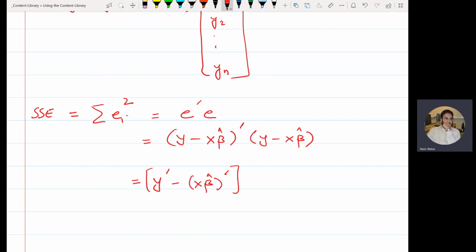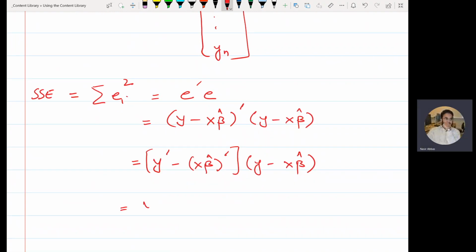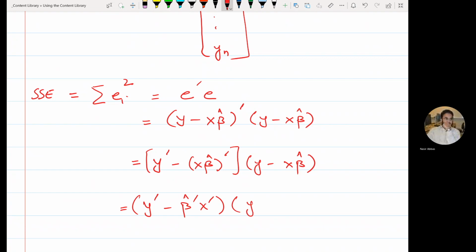Now the second term in the first bracket, x beta hat whole transpose. When I take the transpose of a product, the order changes. So it is y transpose minus beta hat transpose times x transpose. Now it's a 2 cross 2: two elements in the first bracket, two elements in the second bracket. As I multiply, I will get four terms.